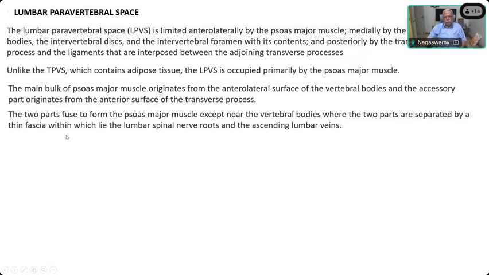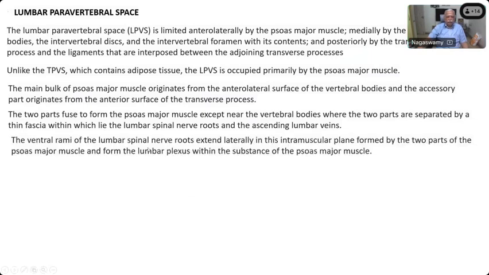And these two parts, those arising from the body of the vertebra and those arising from the transverse process, just like your sternocleidomastoid muscle having two heads and forming a triangle, form the psoas major, except near the vertebral bodies where the two parts are separated by a thin fascia within which lie the lumbar spinal nerve roots and the ascending lumbar veins.